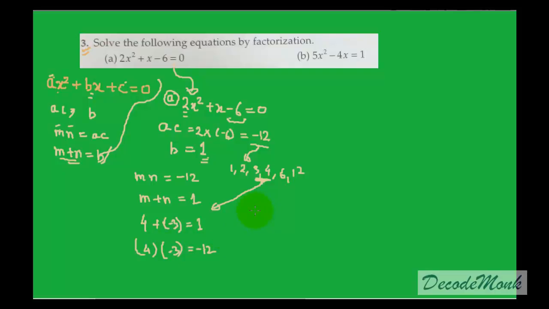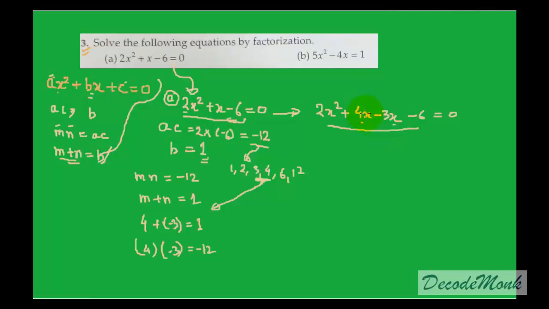Correct. So further you can write this equation as 2x square plus 4x minus 3x minus 6 equals 0. Here 4x minus 3x gives you x, so the equation over here and the equation over here are one and the same.